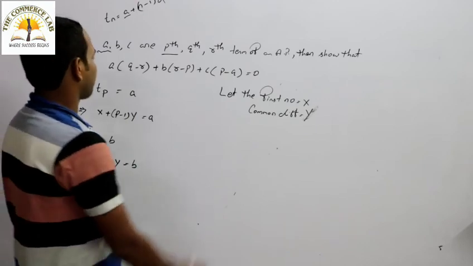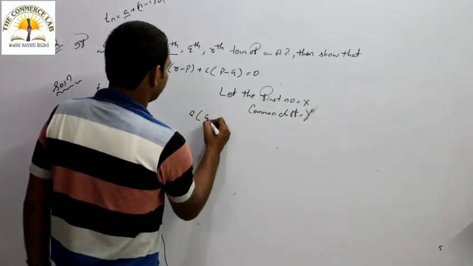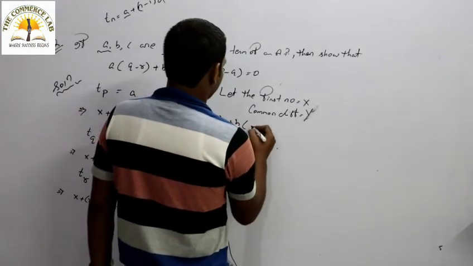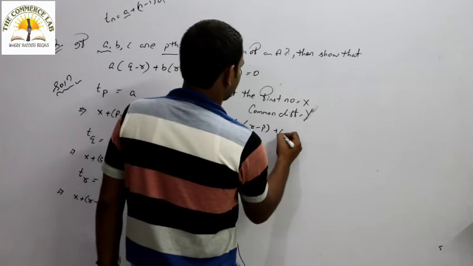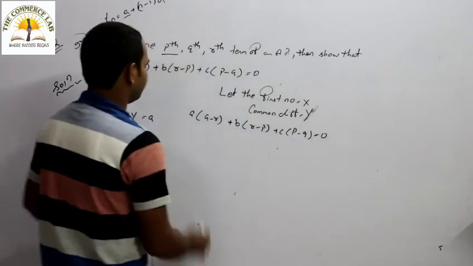Okay, then come for the right hand side. a into (q minus r) plus b into (r minus p) plus c into (p minus q) is equal to 0.